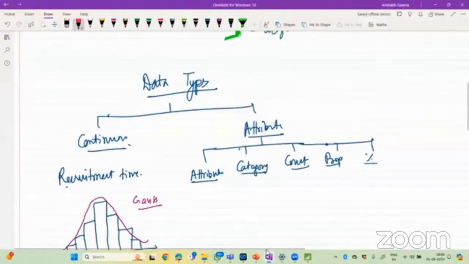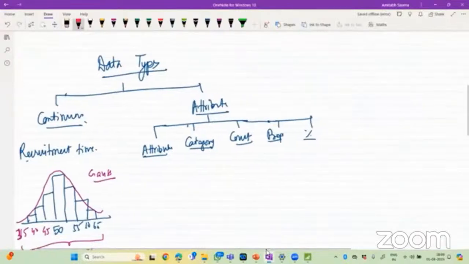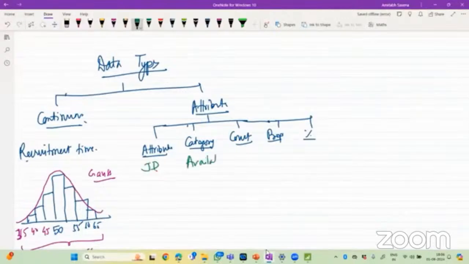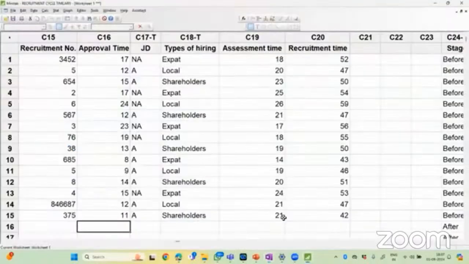now there are two types of data. When I've got attribute data, let's say job description available, not available, available, not available. How many times it was available, how many times it was not available.